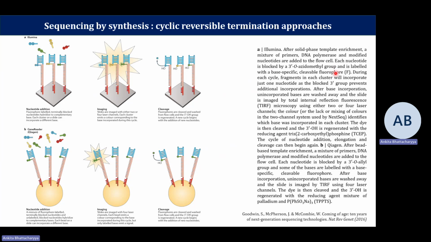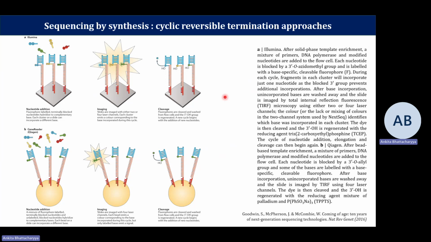During each cycle, fragments in this cluster will accommodate just one nucleotide as the blocked 3' group will prevent any additional incorporations. After base incorporation, unincorporated bases get washed away and the slide is imaged by TIRF. Then it basically allows you to see which base got incorporated.